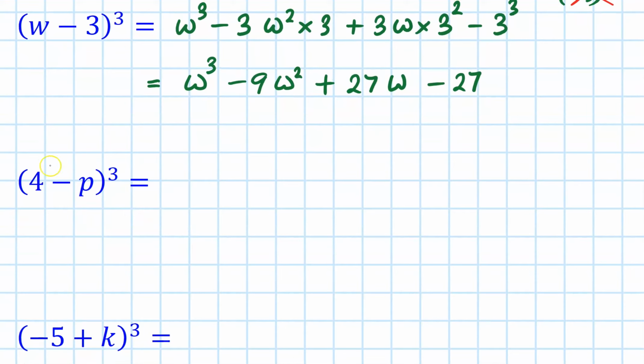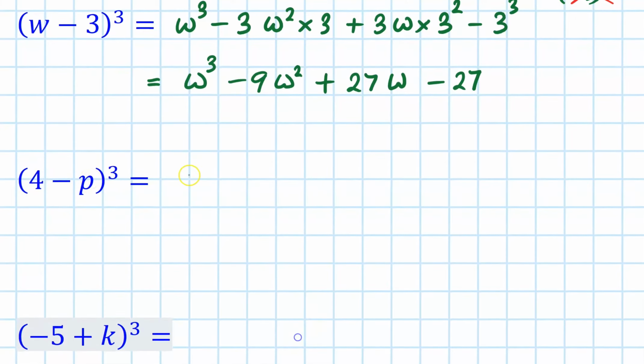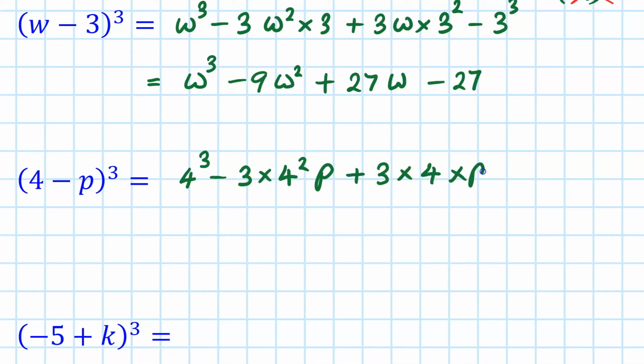Okay, (4 - p) cubed. Now in this case, the x is a number, y is a variable, or rather we call this a pronumeral. 4 cubed minus, again x minus y form, 3 times 4 squared times y, in this case p, plus 3 times 4 times p squared. You can even put times here, or you don't need to.